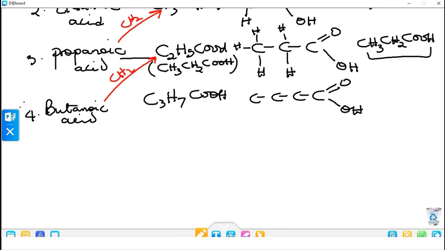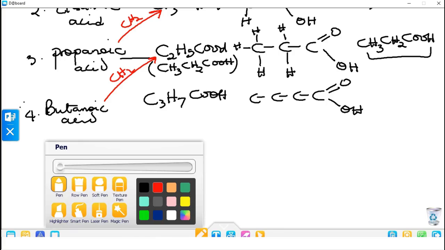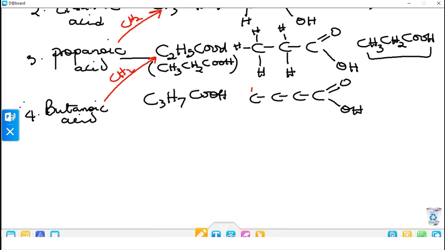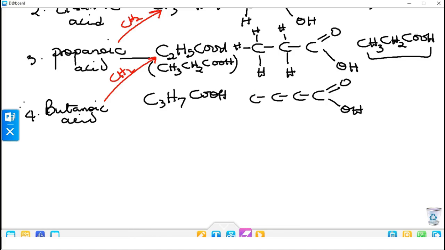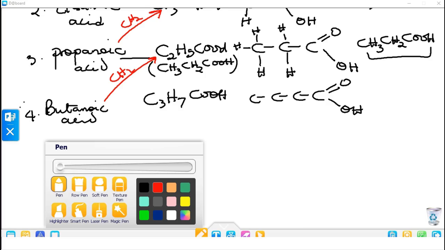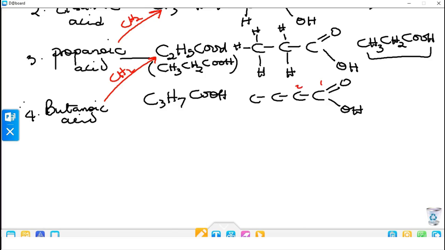So, if I am to label the carbon atoms, now, I'm going to tell you why it's going to be that way. Let's begin our labeling from here, because this is the functional group and preference must be given to the functional group. You will get to understand that later. So we have the first carbon atom from the right hand side, the second, the third, and the fourth.